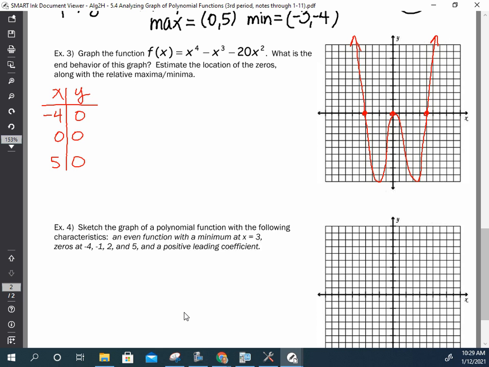So there's your sketch of your graph. Any questions so far?